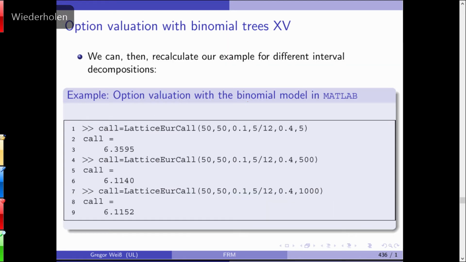So if we do this here, we again do it with the same parameters we used before. If we use 5 steps to discretize this grid, we get 6.3595. If we use 500 steps, we get 6.1140. If we use 1,000, we get 6.1152.